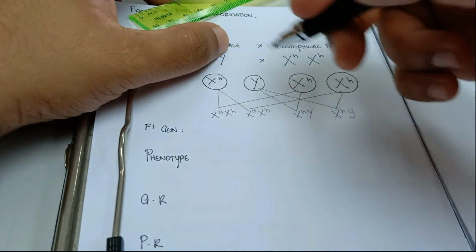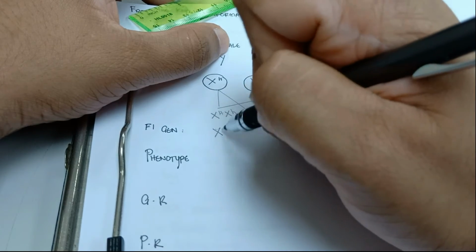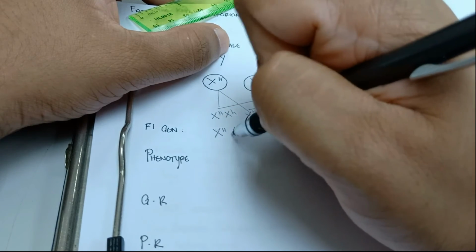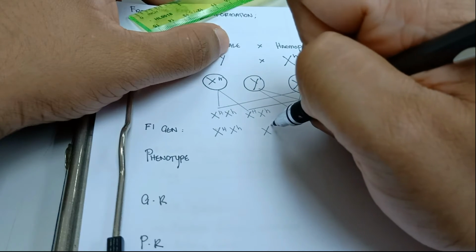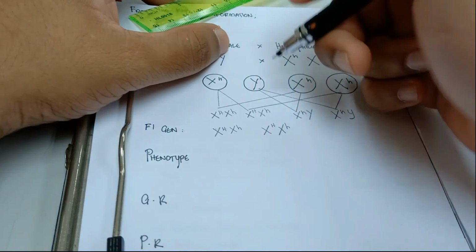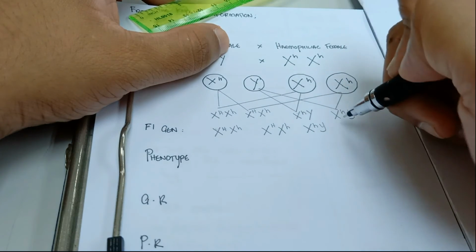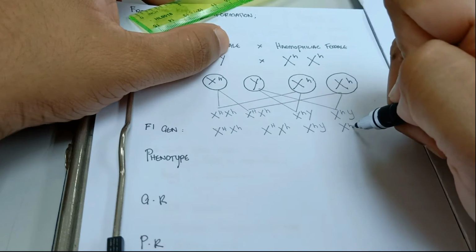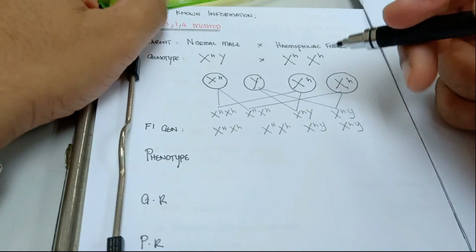Now the F1 generation genotype would be X, H, the first one, second one, the third one, and the fourth one.